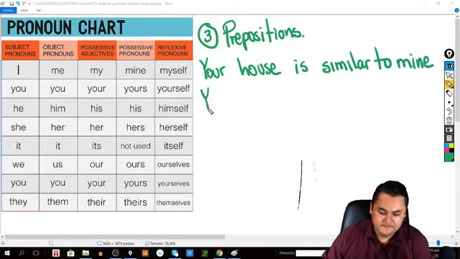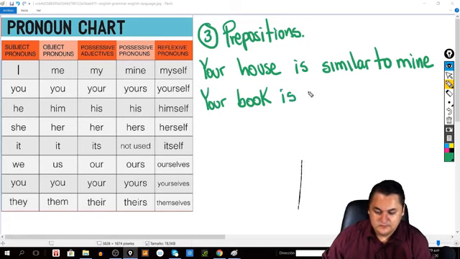Or your paperwork or your book is the same as hers.